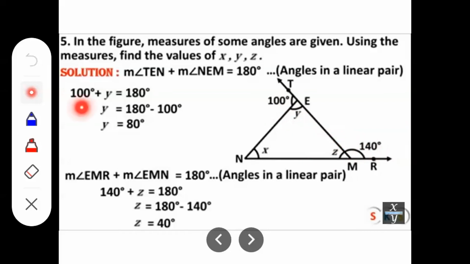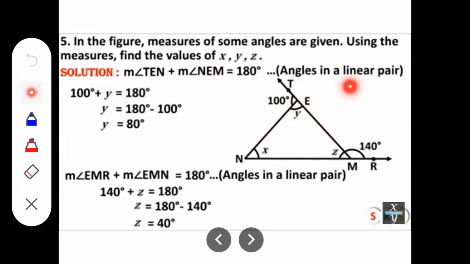Okay, here is the solution. I will go fast to explain that one. Write the names of the angles: angle TEN plus angle Y, where the value is given as Y, the angle mentioned here as NEM, equals 180 degree.